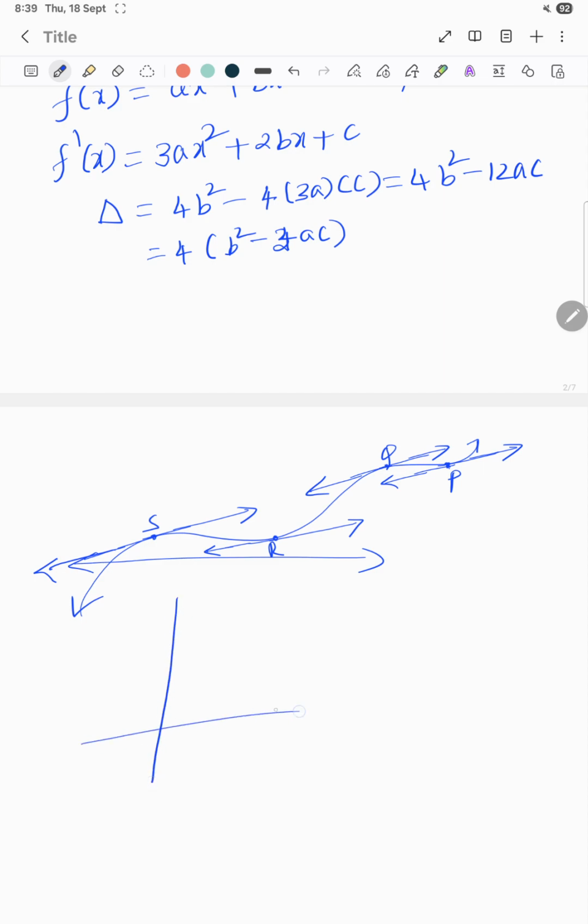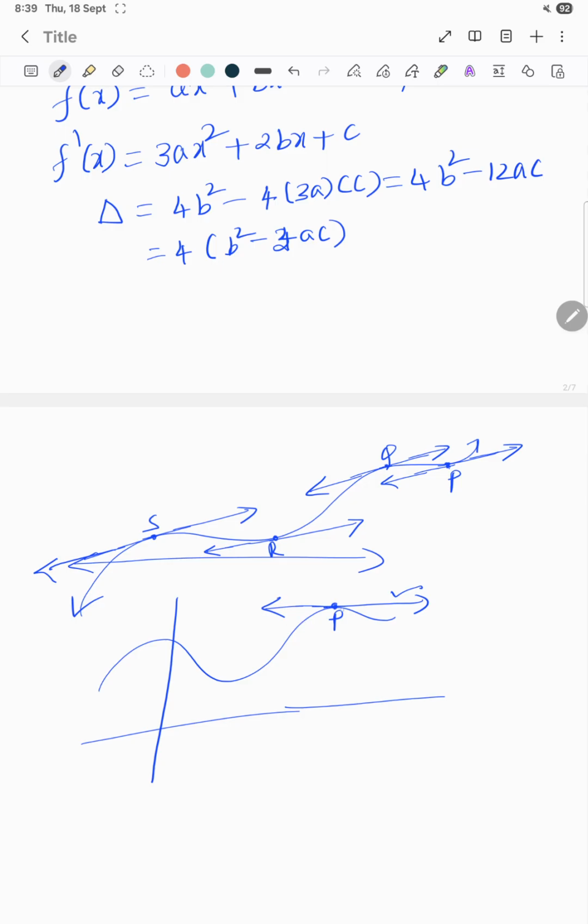So when I draw a curve like this, if I draw a tangent here, at this point P, the slope of this tangent is nothing but the derivative of this curve at this point.